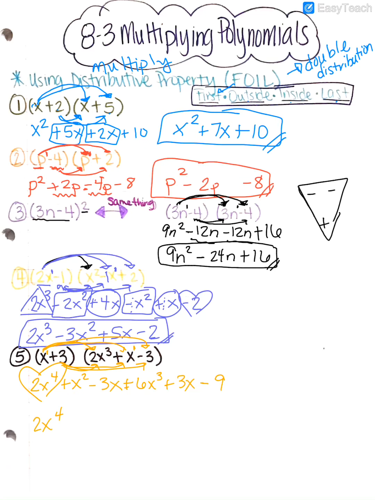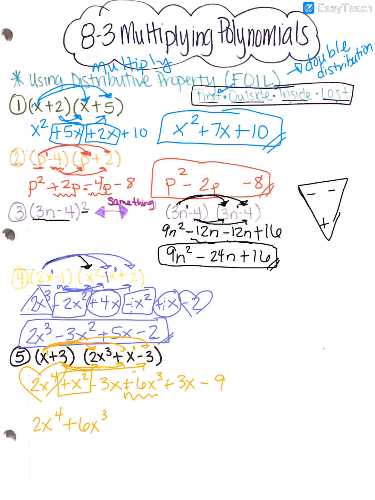Let's see if we have to the third power. Yes, we have one right here. So plus 6x cubed. And in IXL, it doesn't matter if you put them in order or not, as long as you have all the terms correct. But I'm putting them here in order just in case.